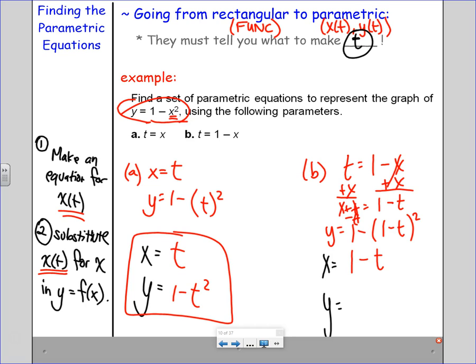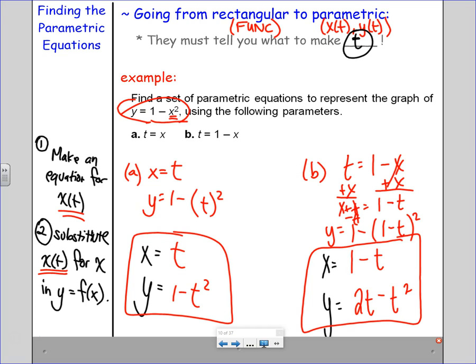Yeah, we'd have to FOIL. So when we FOIL, 1 times 1 is 1, 1 minus 1 is 0. We have negative 1t plus negative 1t is negative 2t, times a negative will be positive 2t. Then negative t times negative t is positive t squared, times a negative. Long story short, after foiling and combining like terms, that y will turn into that y. And parametric equations done.